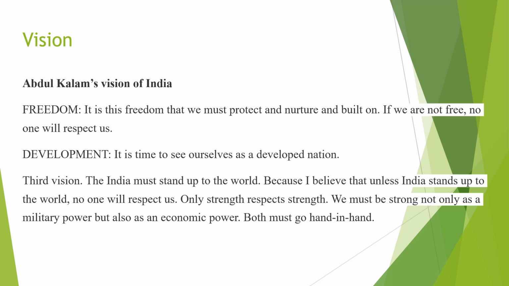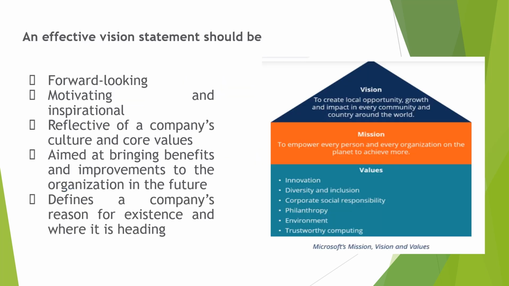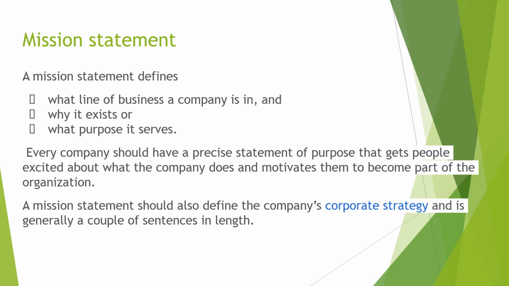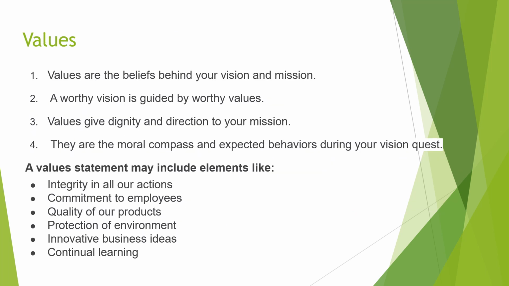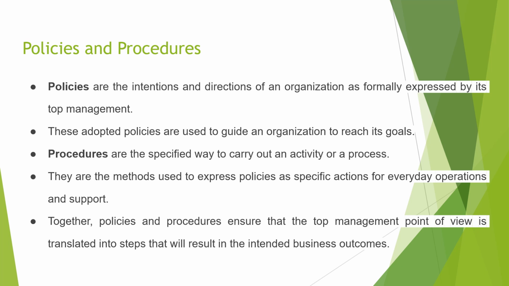You can refer to our corridors; they have a posting mentioning the vision of the department. Similarly, any organization has a vision statement and mission statement. Explore further using the internet for more detail. Similarly for value, goal and objective, it is the same thing I said.